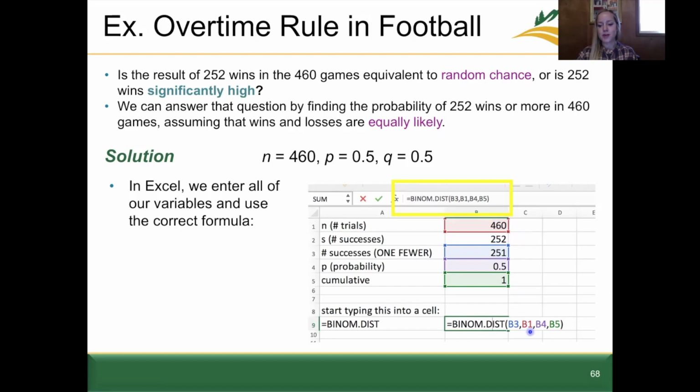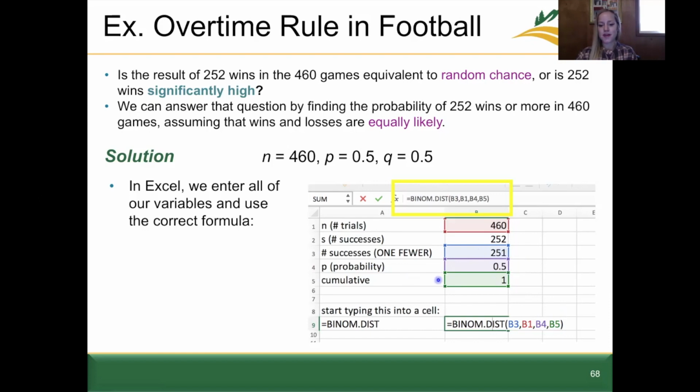And now this formula will refer to whatever is in B1 to do the probability calculation. Separated by another comma, then we need our p-value, the probability of success. In this case, the probability of winning and losing were equal, that's 0.5. This next really important part of this formula is our cumulative value. We want to know the probability of 0 through 251 wins.